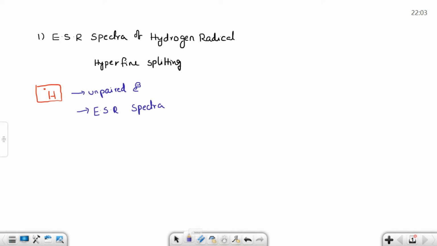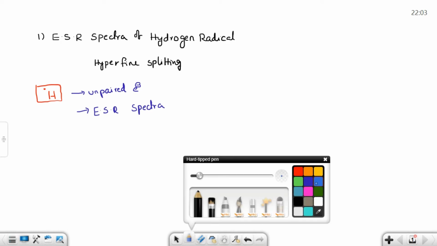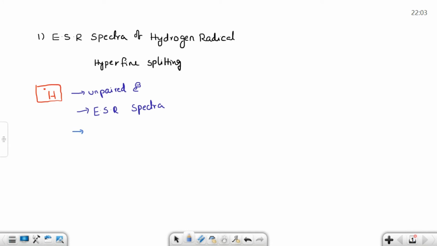And along with that, here you see that in hydrogen radical, hydrogen is a magnetically active nucleus. Here the proton is the magnetically active nucleus.